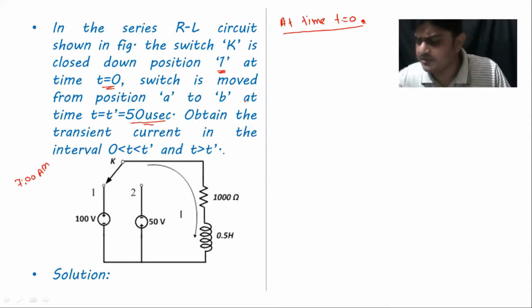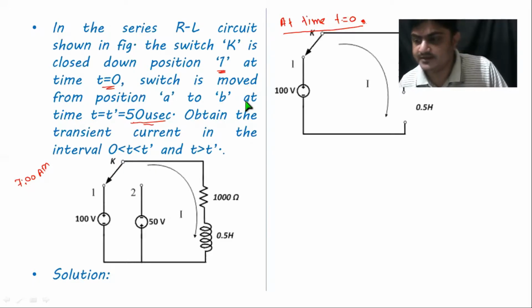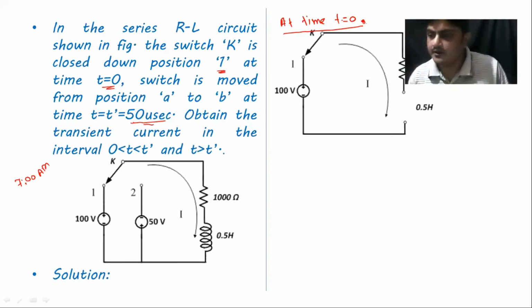What is the situation? The situation will look like this. You are having a 100-volt source. Switch is in position 1. You are having one resistance having value 1000 ohm. And what about this inductor? This inductor behaves as an open circuit, because for this inductor this is t equal to 0 time.